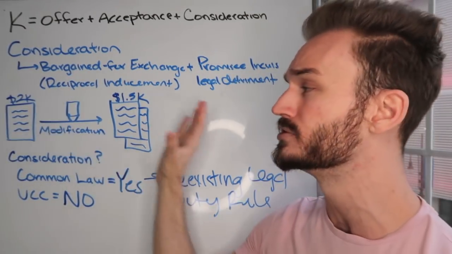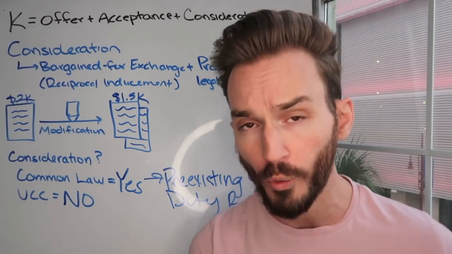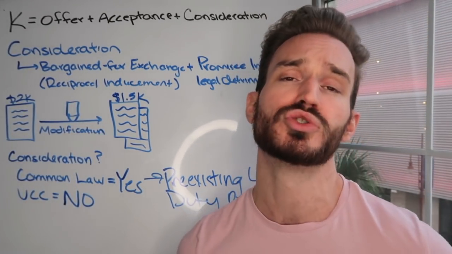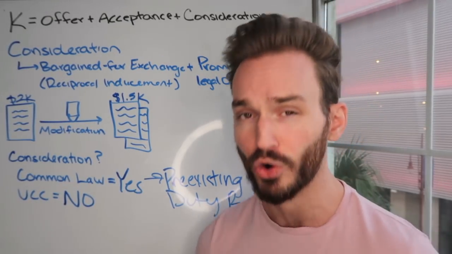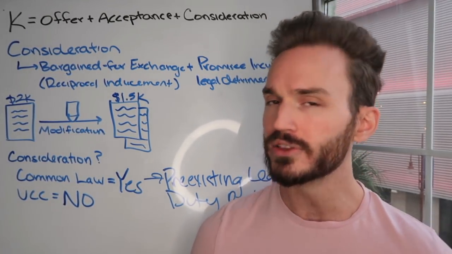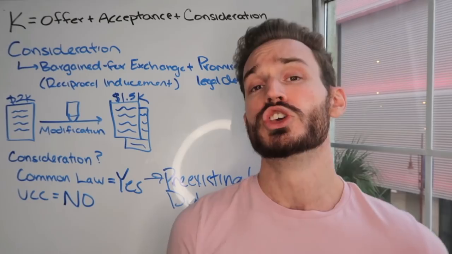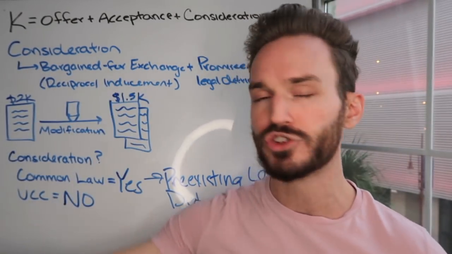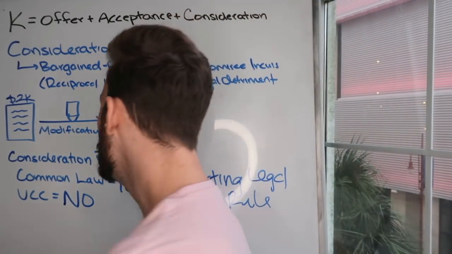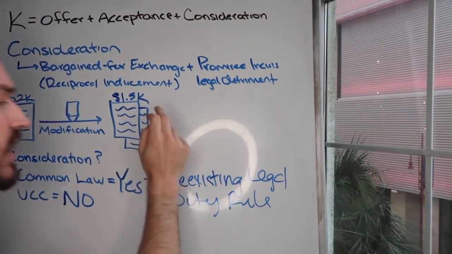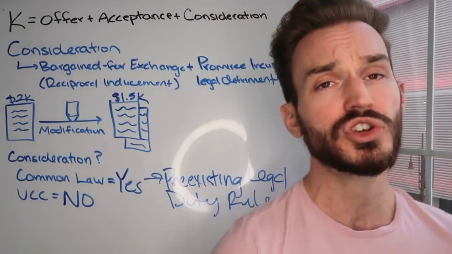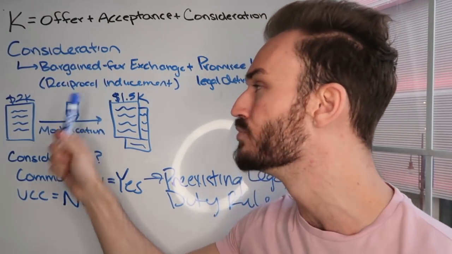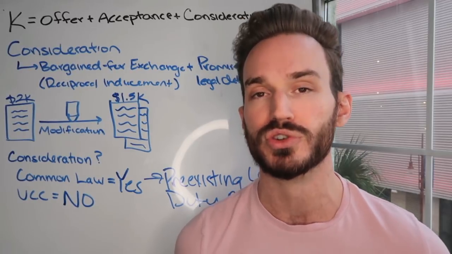Let's say nothing else in the contract changes. All we've done is literally lowered the price $500 per month until the lease expires. So let's say that it goes to the end of the month, you pay me the $1,500 that we agreed to, and I turn around and instantly sue you for the extra $500. The question is going to be in court. For breach of contract, can I recover that $500?